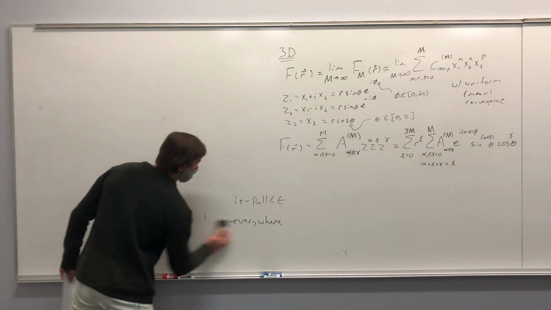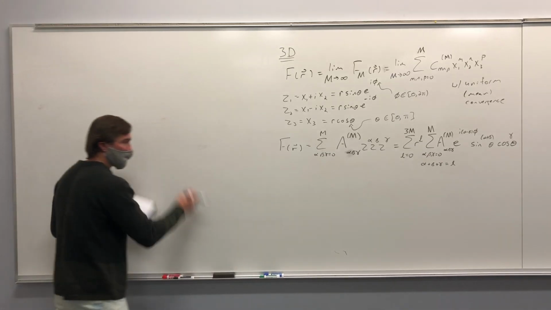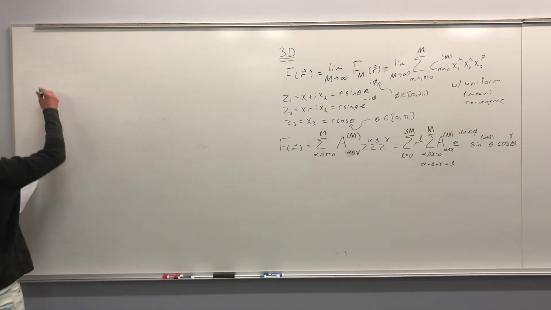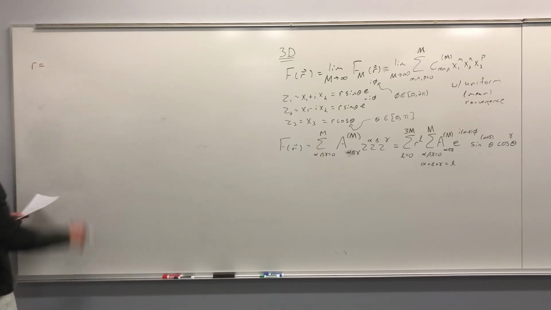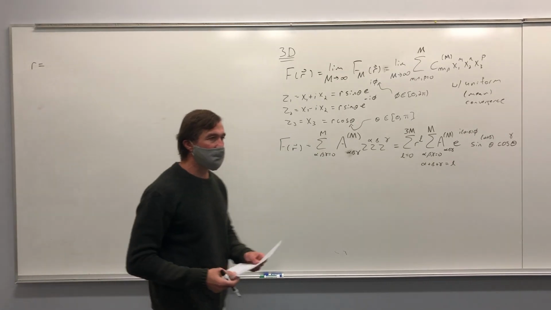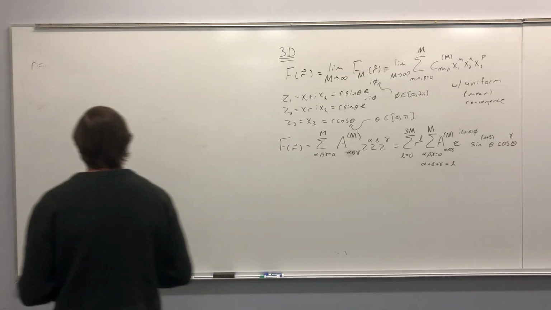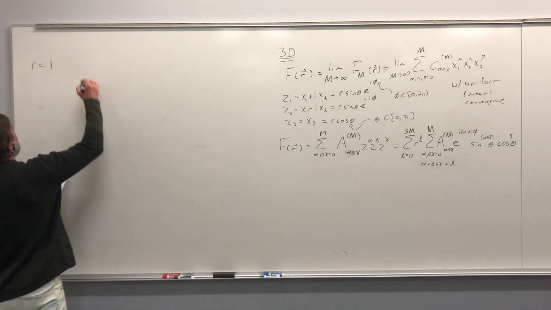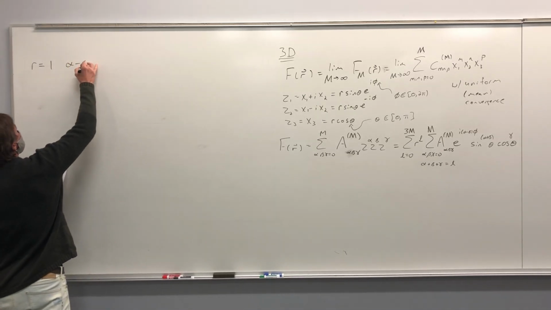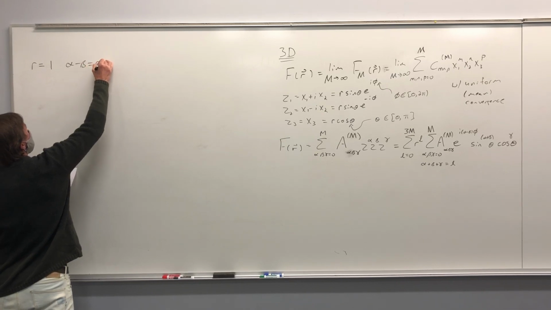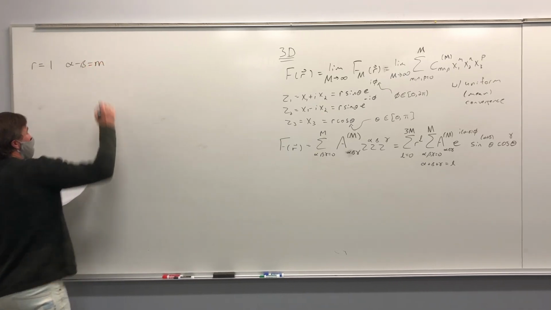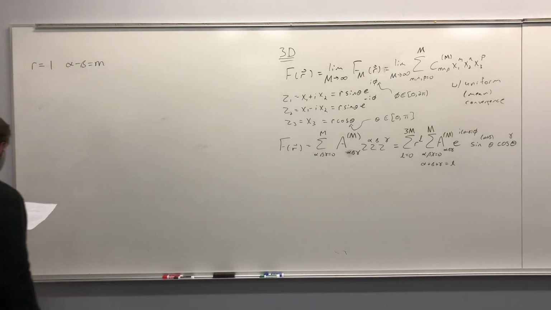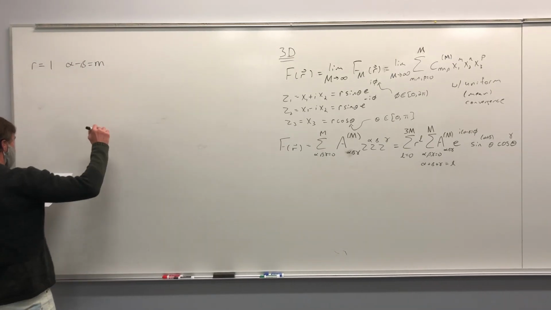All right, here we go. I hope you wrote down the method. Just like with the Fourier method, when we were deriving the Fourier series from the Weierstrass result for polynomials, we're going to restrict to r equals 1, and we're going to relabel alpha minus beta equals little m. And this little m is going to play an important role.